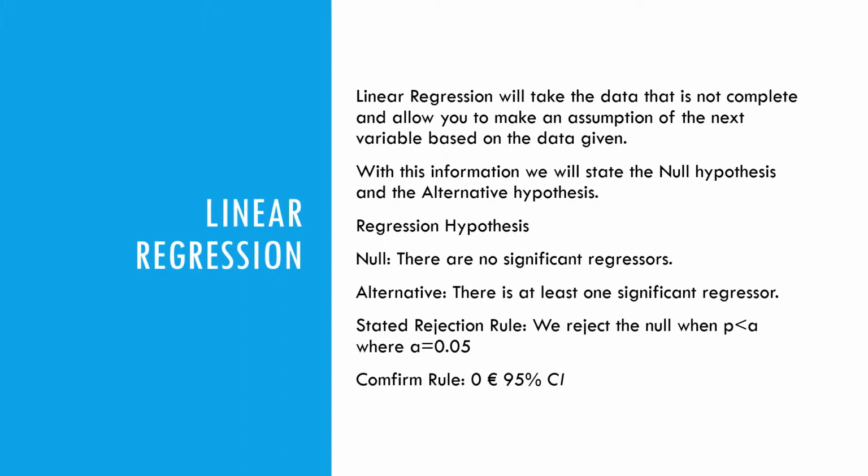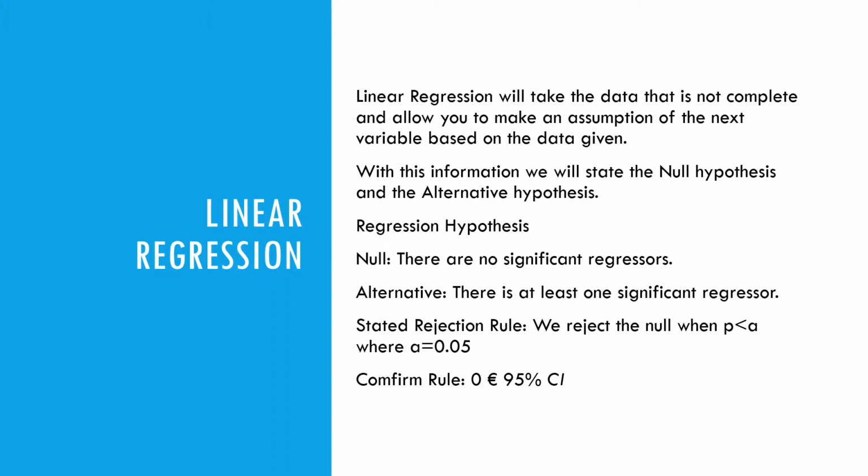So with this information, we will state the null hypothesis and the alternative hypothesis of each data set that we want to look at. In regression, the two hypotheses are, the first one being the null, where there are no significant regressors, and the alternative hypothesis is there is at least one significant regressor.